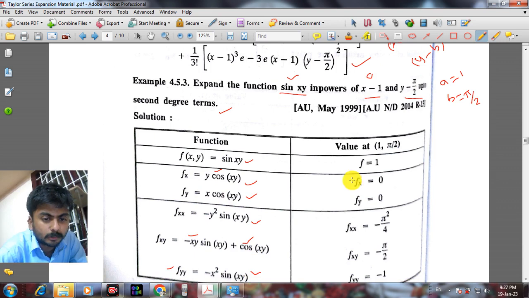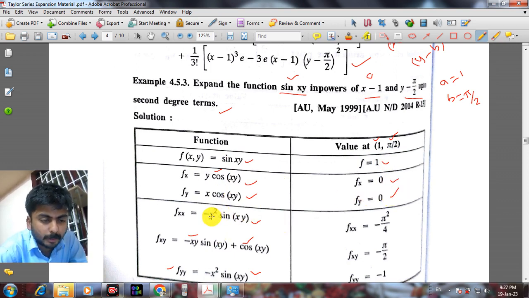Now we have to substitute 1 for x and pi by 2 for y. So we get 1 into pi by 2 is pi by 2. Sin pi by 2 is 1, that is sin 90 is 1, and cos 90 is 0. Here also cos 90 is 0, and here sin 90 is 1.